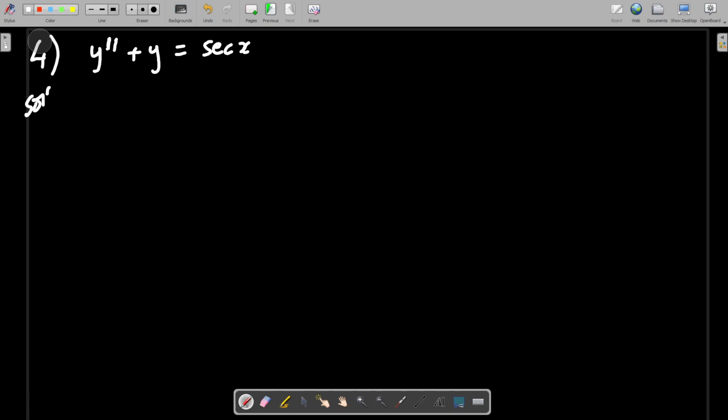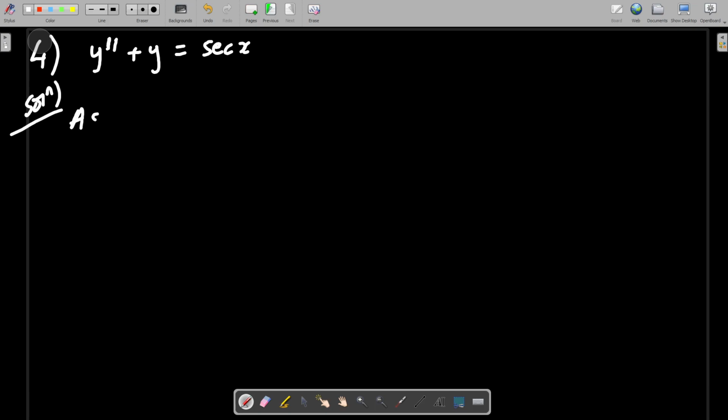Okay, solution. Again like the previous 3 problems, this problem also cannot be solved using method of undetermined coefficients. Okay, so y double prime plus y equals sec x.